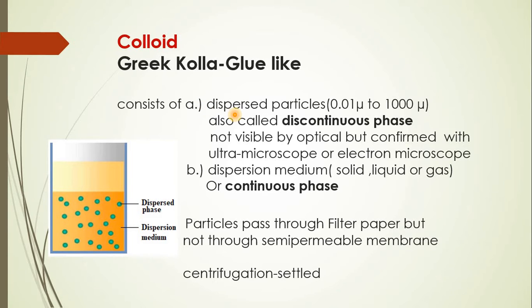Now, as I am stating two important terms, the dispersed particle and the dispersion medium, we need to understand what exactly they mean. Dispersed particles are also called the discontinuous phase of molecules, which measures approximately 0.1 micron to 1000 micron.